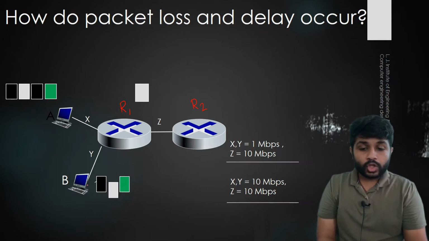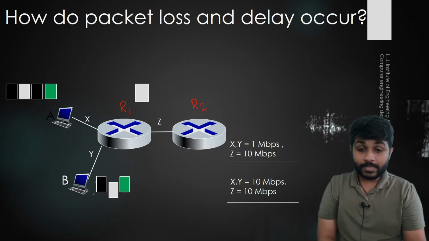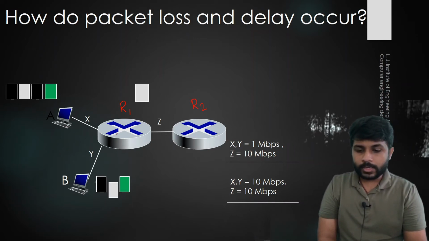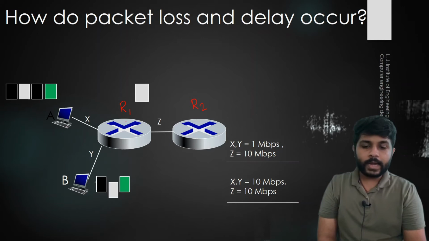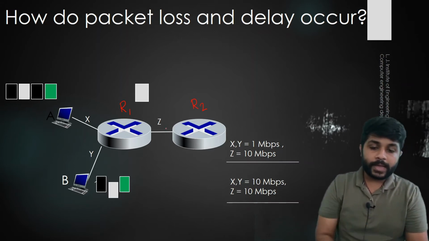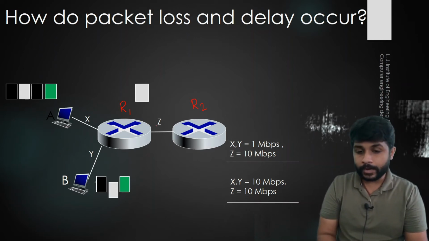B will transfer data at 10 Mbps to R1, and R1 can also forward that data to R2 at 10 Mbps. In the second case, R1 is not going to face any issue. R1 will easily receive data from B, analyze the packet, and forward it to the next router at a very high rate.